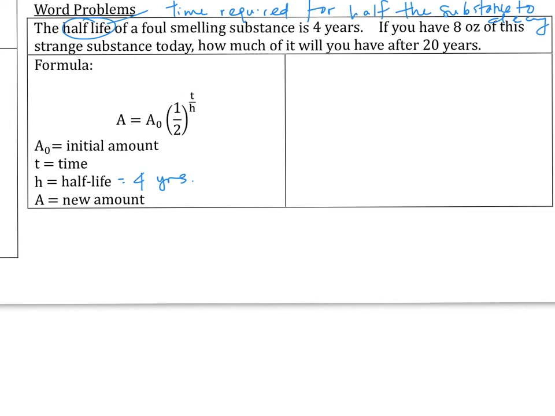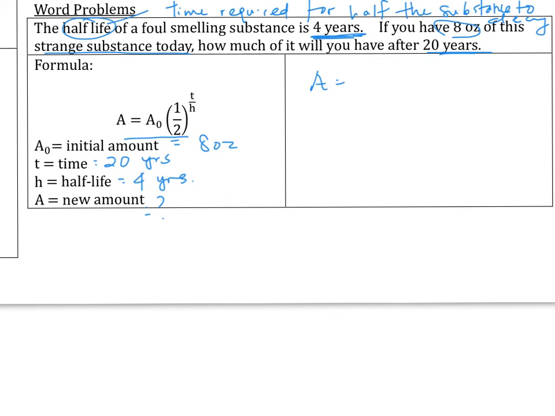Okay, so if you have 8 ounces of this strange substance today, how much of it will you have after 20 years? Here's a formula that will help you in calculating the amount after 20 years with a half-life of 4 years. So 20 years, I'm going to label that here. Initial amount of 8 ounces, and we're looking for the new amount. Go ahead and plug in every single number into the formula.